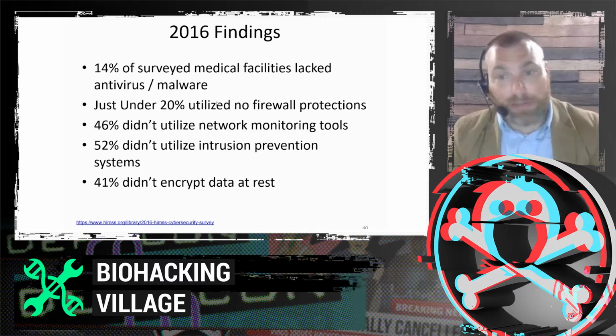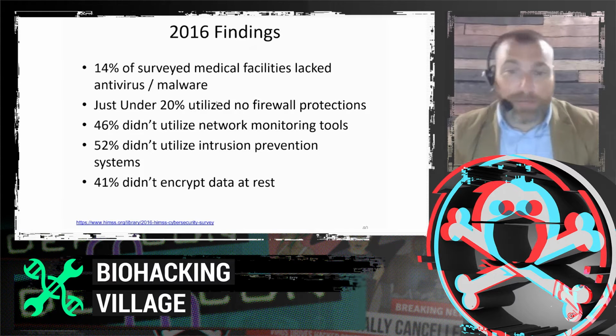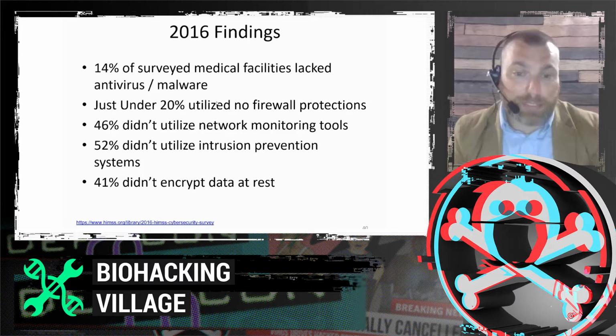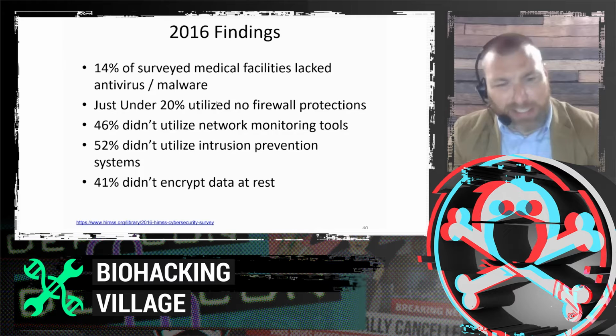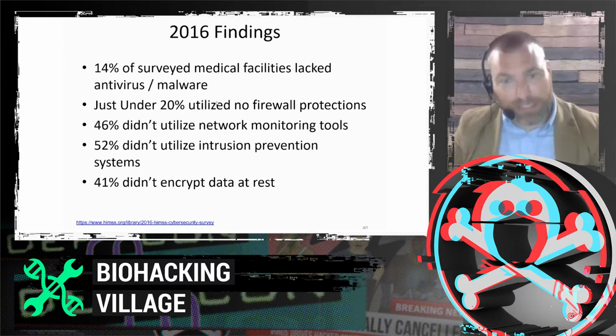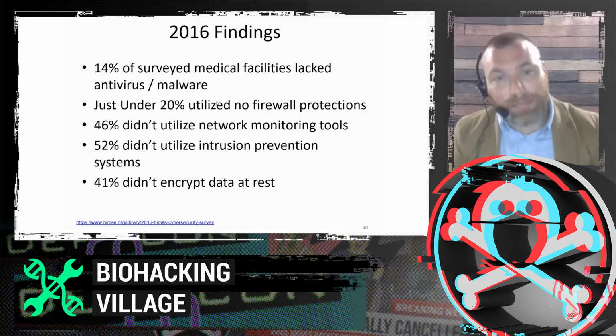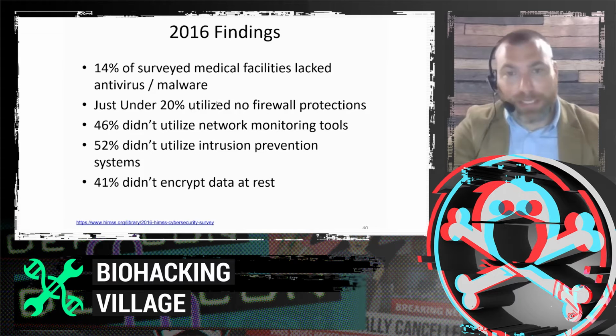Under 20% had no firewall protections, 46% no network monitoring, 52% no intrusion prevention, and 41% didn't encrypt data at rest. Again, this is 2016. HIMSS doesn't ask the same questions every year, so we can't see trends, but it's something to take into account.